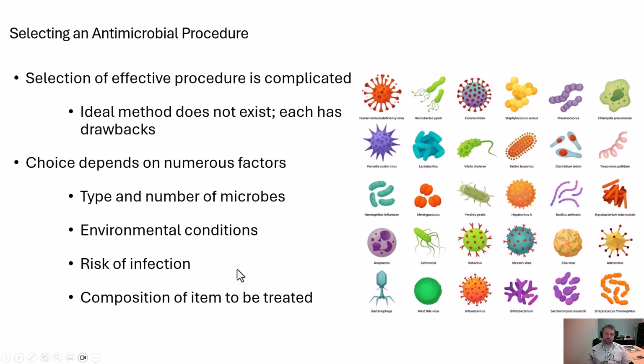Environmental conditions, so we'll talk a little bit about the role that heat plays, pH plays, and then of course the risk of infection. What level are we talking about? Is this a biosafety level 1, not likely to cause illness? Biosafety level 2, this kind of information needs to come to the forefront.